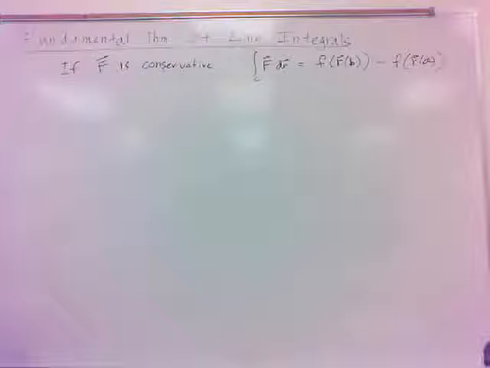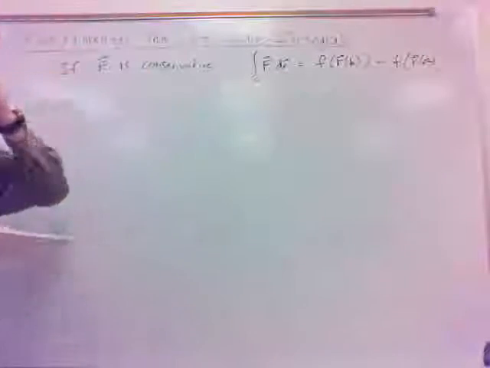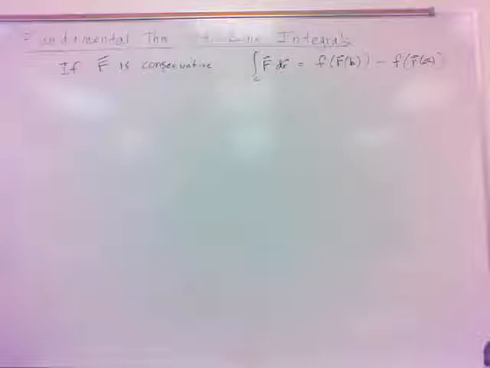We can do that. So if we could find the potential function for big F, then we're in pretty good shape for finding a line integral if we want to do that. Okay, so how can we find the potential function for F? Well, let's think about it.